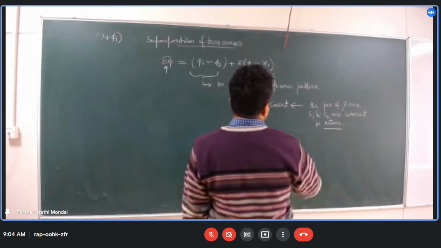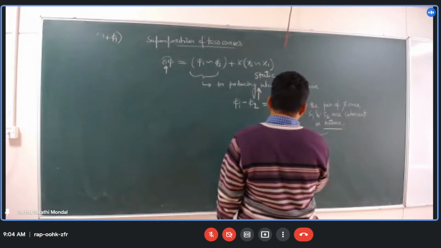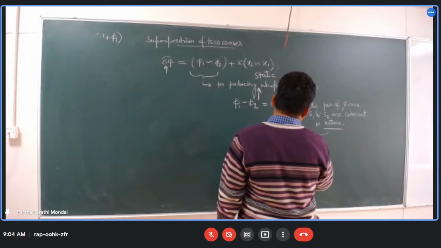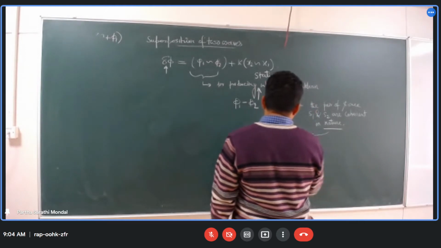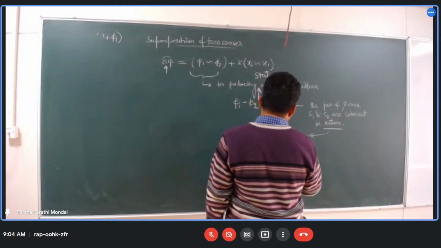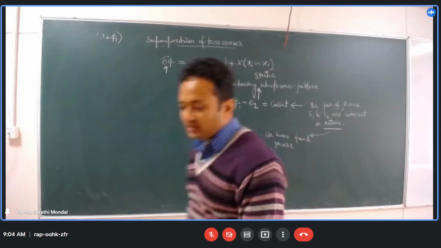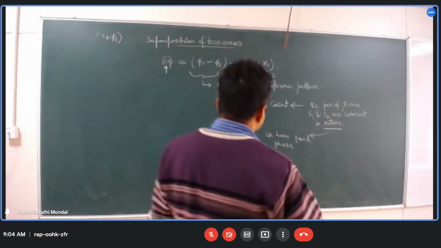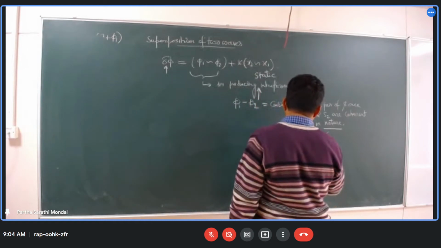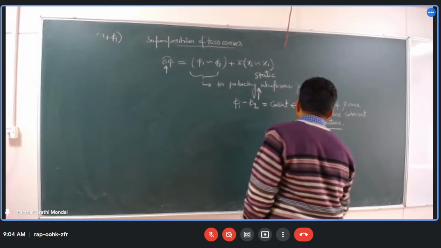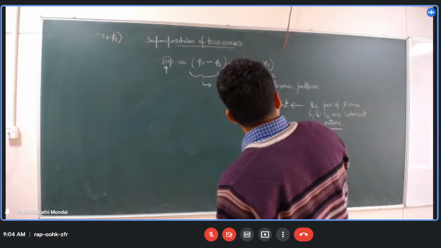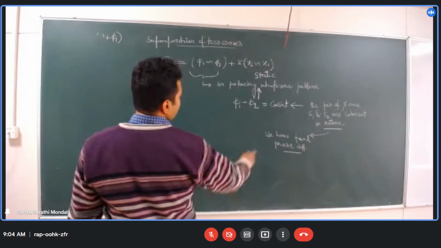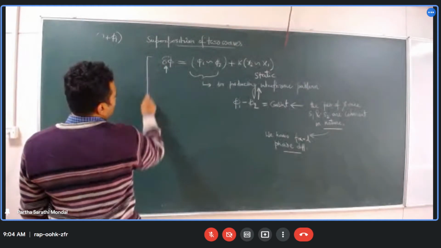That means we have a fixed phase difference between them. Fixed means it is not changing as a function of time. Now this is called a coherent source.